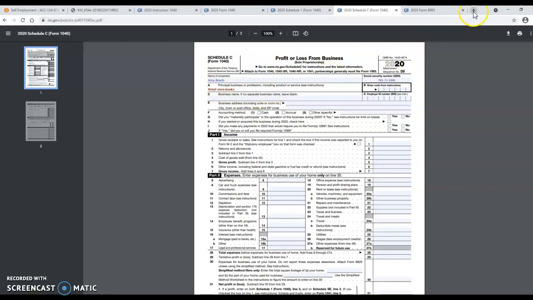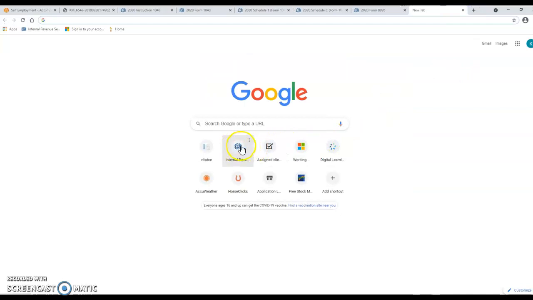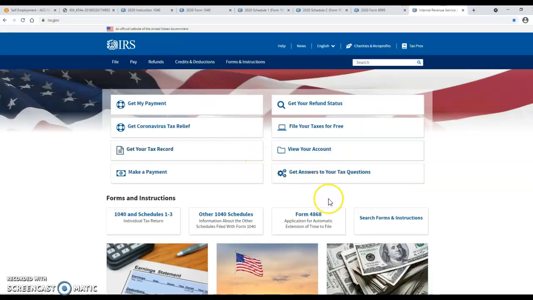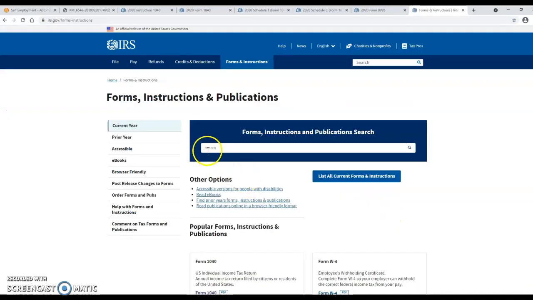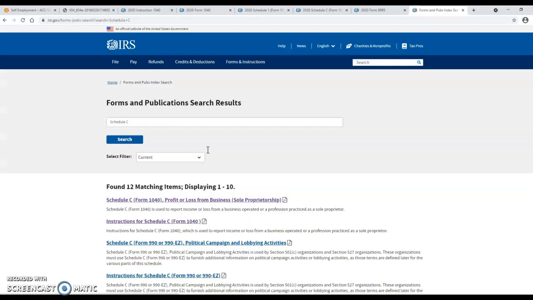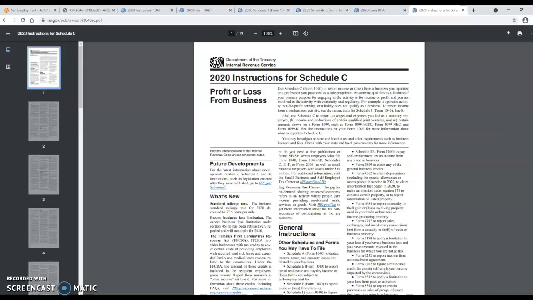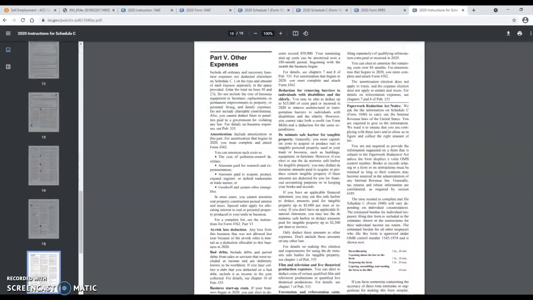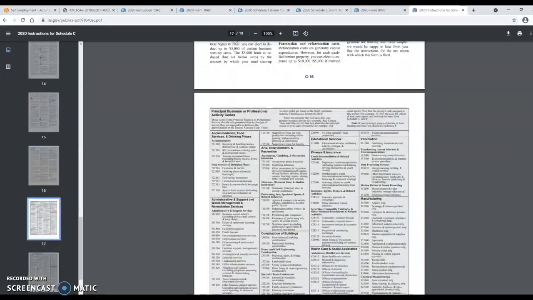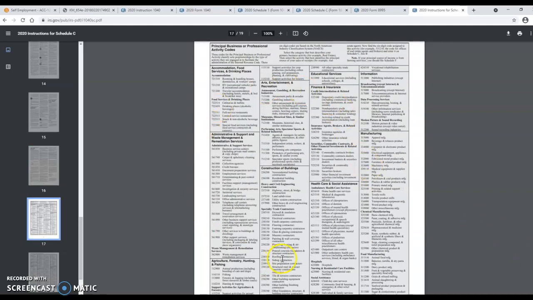So I'm going to take a look at Schedule C. And whenever there's a form, there's also instructions, so I can go to those instructions, and toward the back of the instructions is where the codes start. So we need to find some kind of code for a retail bookstore.